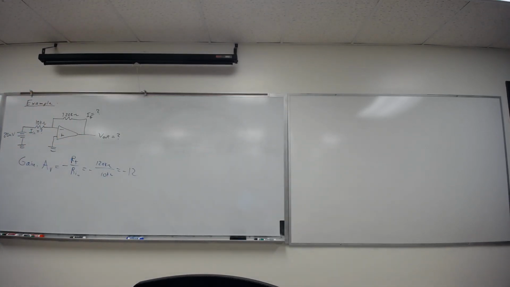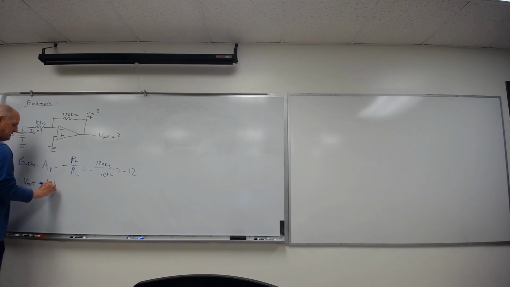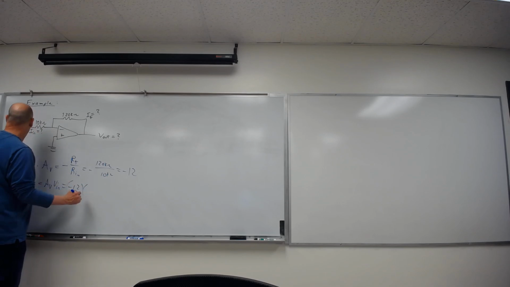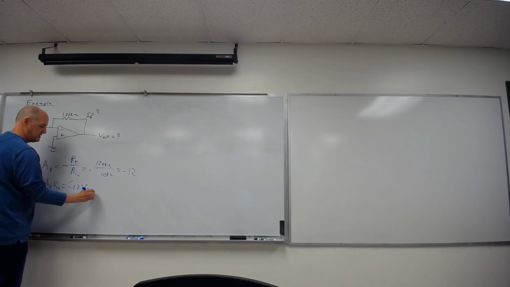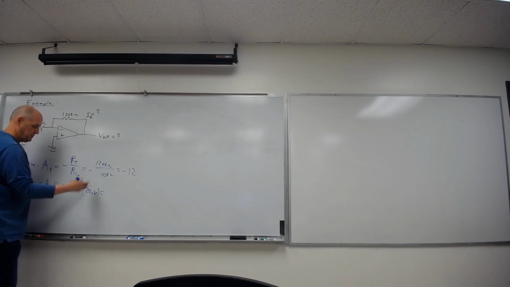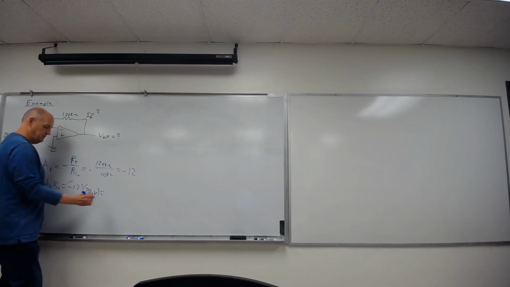All right, so my output is my gain times my input, and my gain's minus 12, and my input is 20 millivolts. So 20 times 12 looks like it's going to be 240.